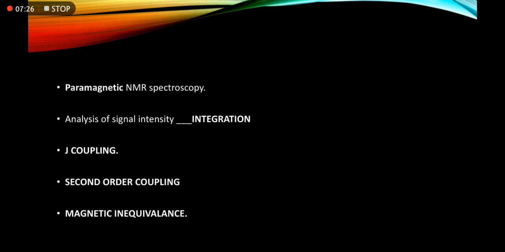The next and very important point is about J coupling. It is a very special case of spin-spin coupling between NMR active nuclei. This coupling arises from the interaction of different spin states through the chemical bonds of the molecules and results in the splitting of the NMR signals.